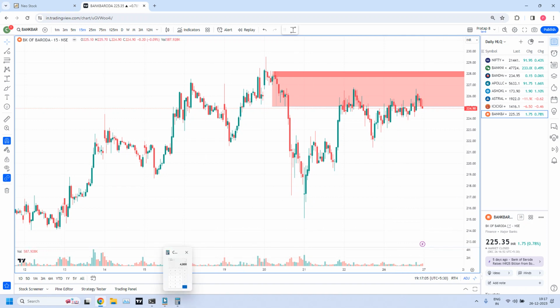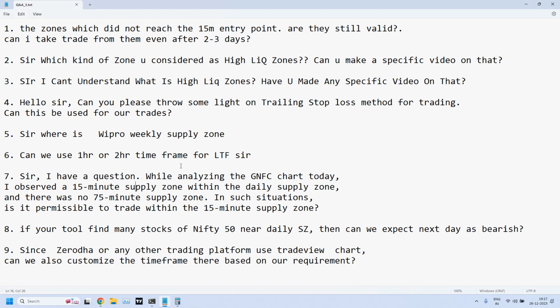So before I generate, let me look into the other questions also. The first question: the zones which did not reach the 15-minute entry point, are they still valid? Can I take a trade from them even after 2 or 3 days?